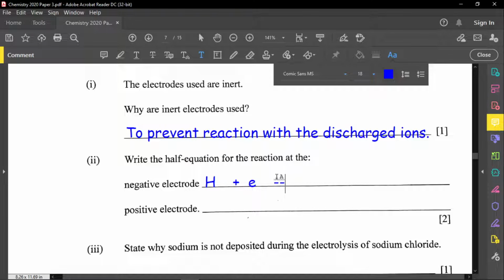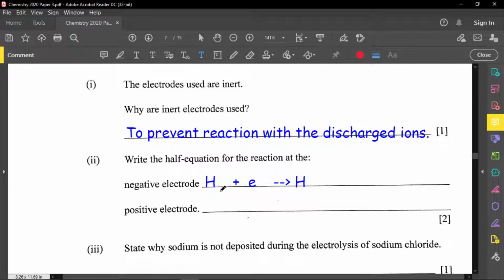And as a result, it will produce a more stable molecule, so let's put H2. Let's put on the symbols real quick. So now it will be H plus here, and H2, which will be the molecule or the gaseous form, and e minus.